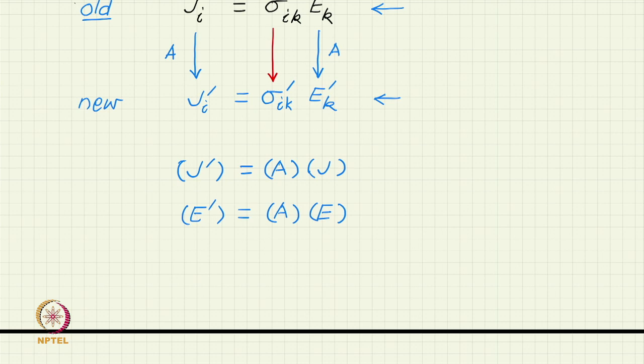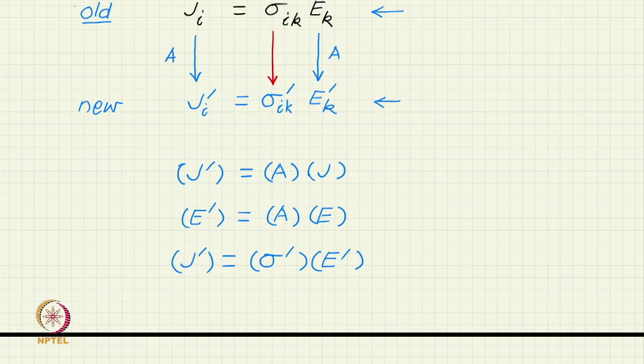Now, in the changed coordinate system, the column of J prime will be sigma prime times the electric field E prime. If we use the J is equal to sigma E relation, we get this in the old basis.